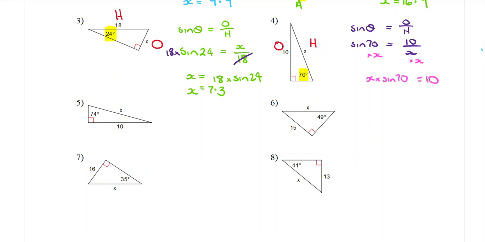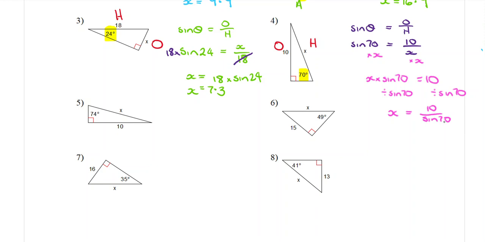Don't write this down yet, because I'm going to give you a shorter way. Then, to get the x by itself, I take that whole sine 70 and I need to divide by it. The sine is just a number, it's just an operator. And what you end up with is 10 divided by sine of 70. But that was quite a few steps that I had to do to get there.